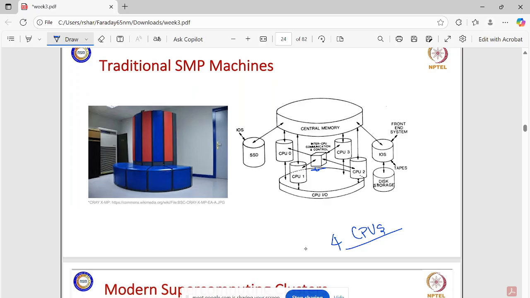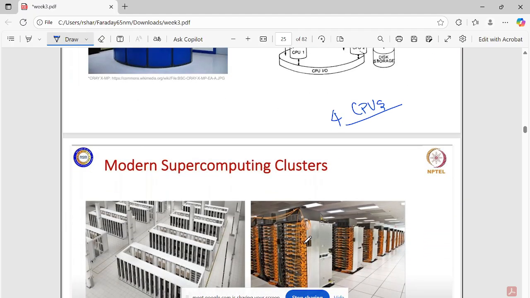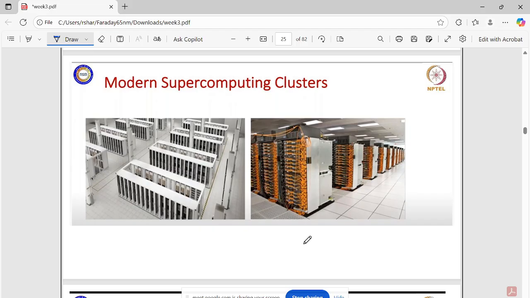This is where the industry started moving into something called clusters. From typical SMP machines to modern supercomputing clusters is the journey of various technologies.